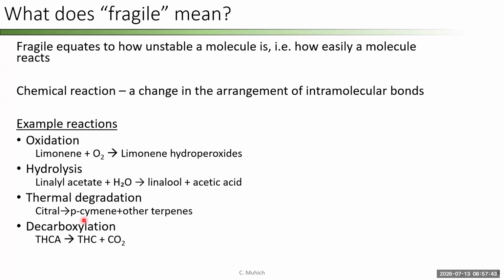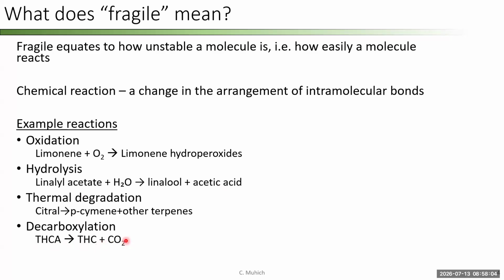It can form p-cymene and other terpenes. And then we can have decarboxylation. In general, this is a desirable reaction. So we have THCA, we heat it up and it forms THC and CO2, right?